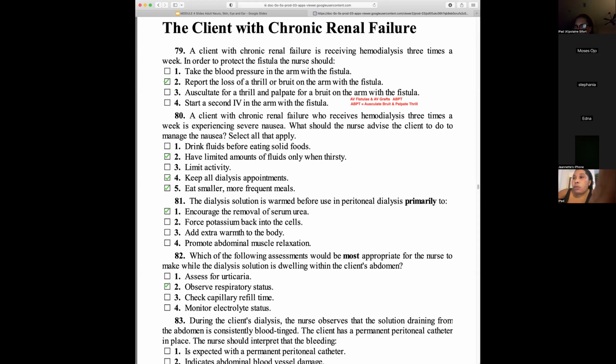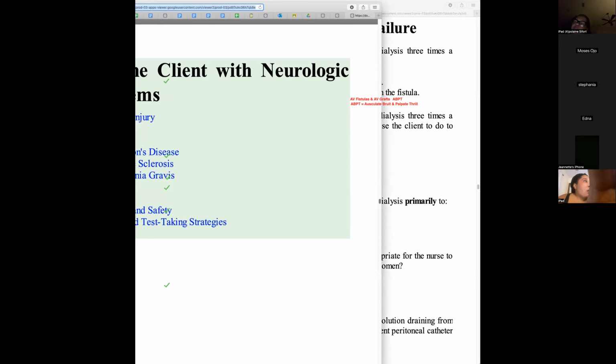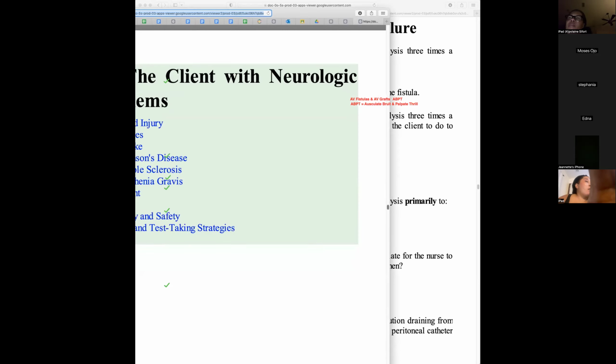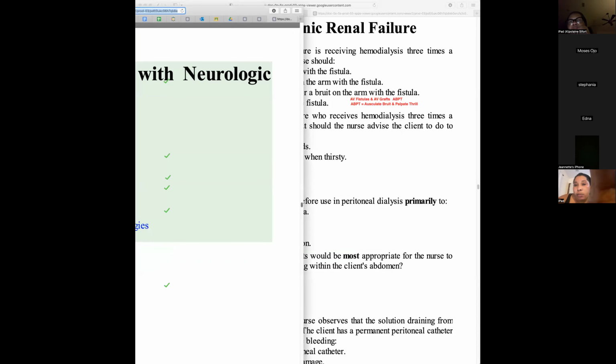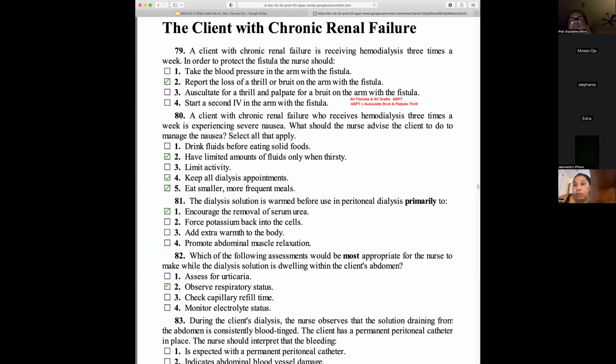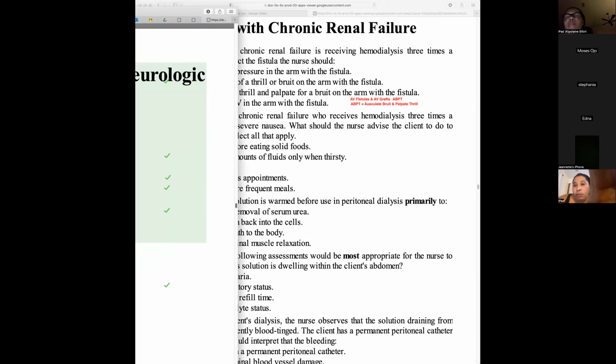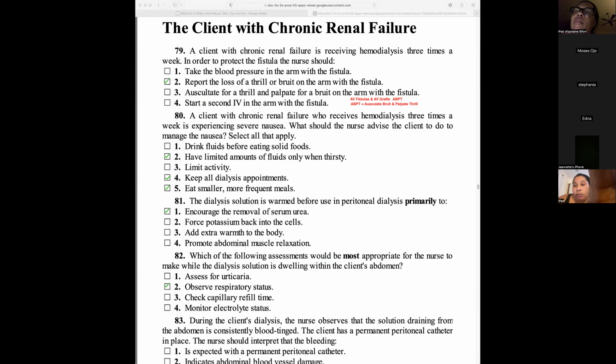Which one is more important? They said how they are breathing. Yes, it's breathing, because of the water going up. Yes. There's nothing wrong with wanting to check the client's electrolyte level. But you have to think as a nurse, what is more important at this point in time? Okay, let me show you a picture so that I can help you remember.